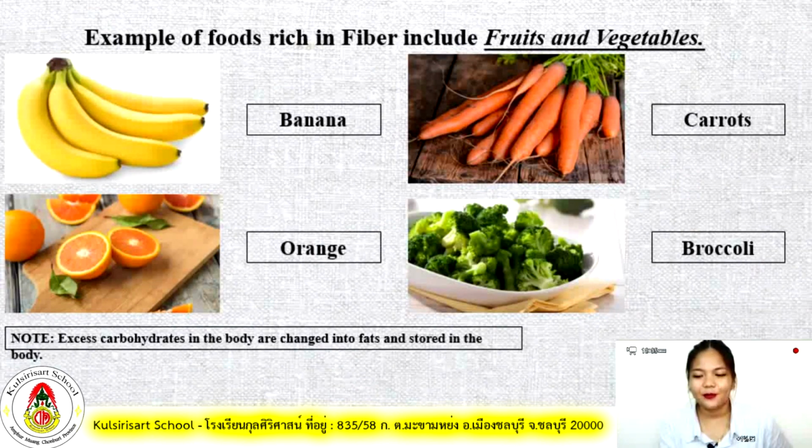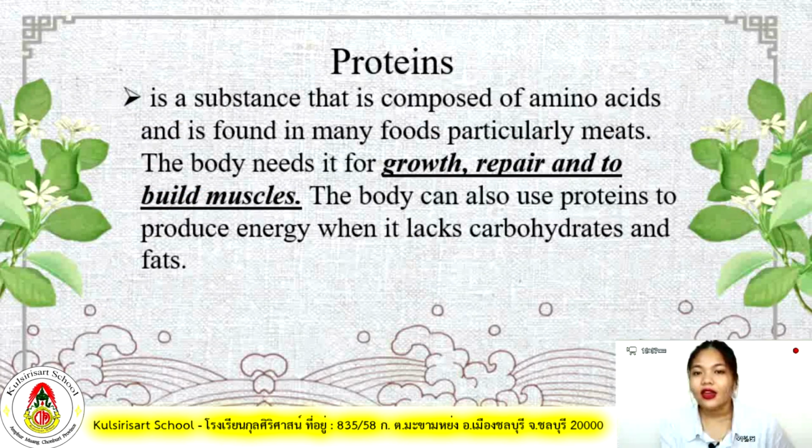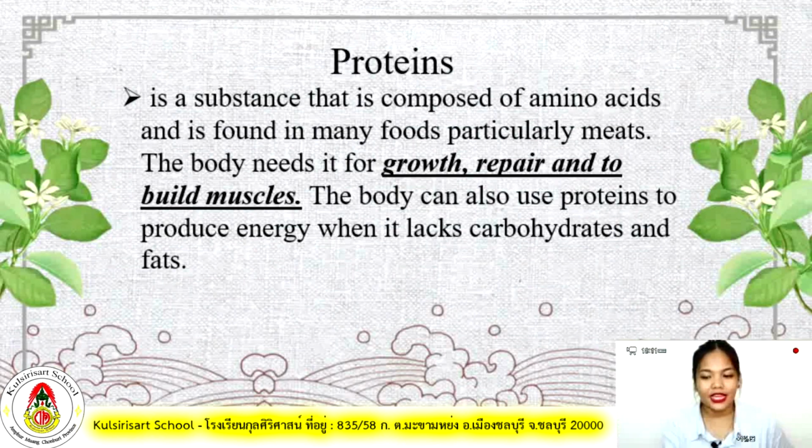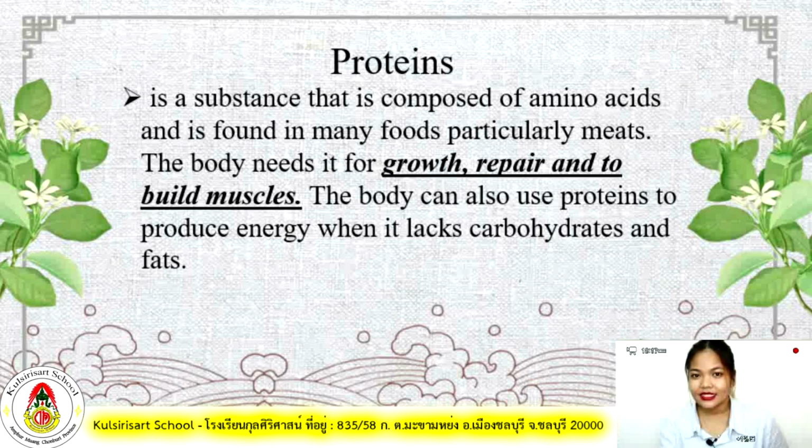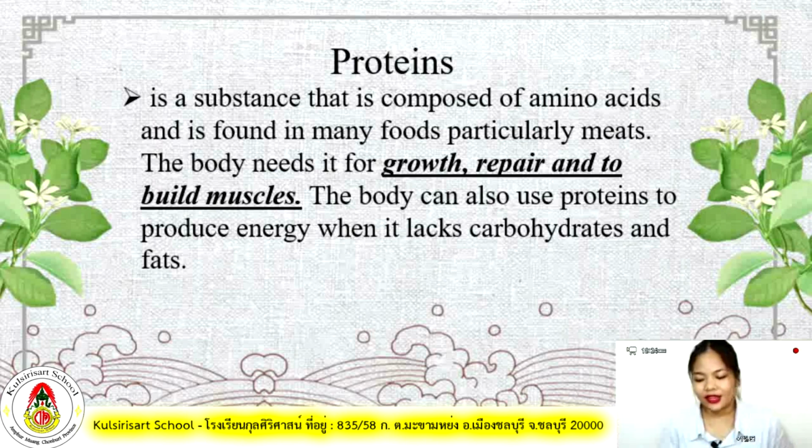Now, the second type of nutrient that we are going to learn today is proteins. What are proteins? Do you have any idea? Can you give me examples of foods that are rich in protein? Now let's define protein.